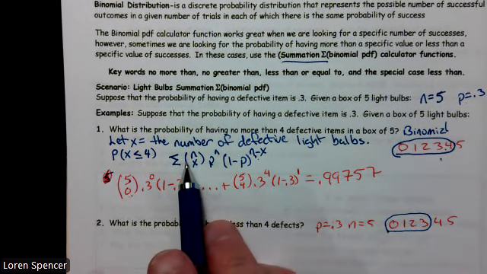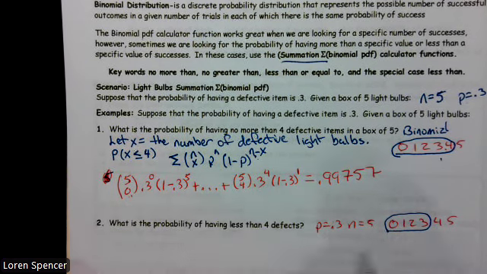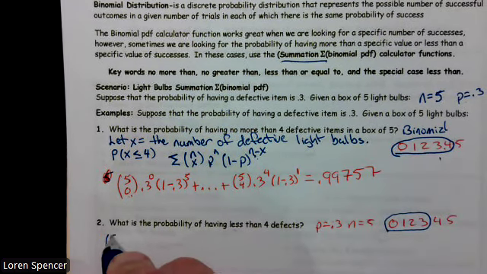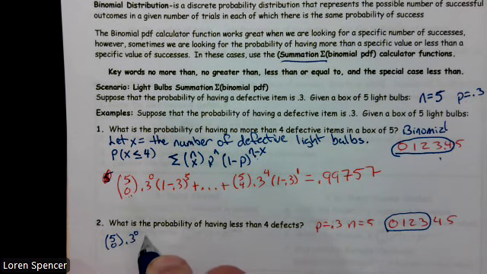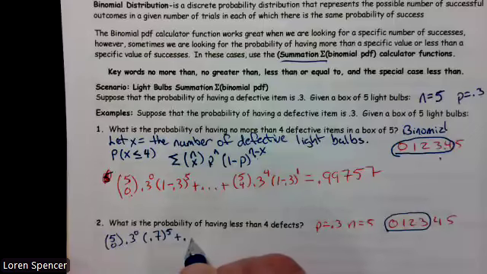I've already written the formula, so I'm not going to rewrite it because it's the same formula each time. The smallest value I circled was 0, so I'm going to have 5 choose 0, 0.3 to the 0, 1 minus 0.3 is 0.7, and 5 minus 0 is 5. So the first value didn't change this time.